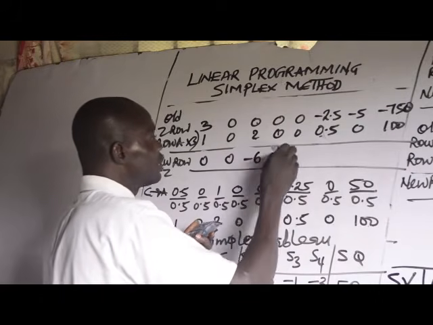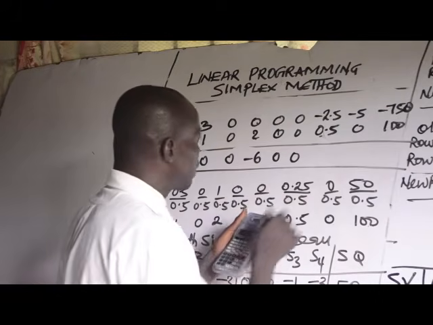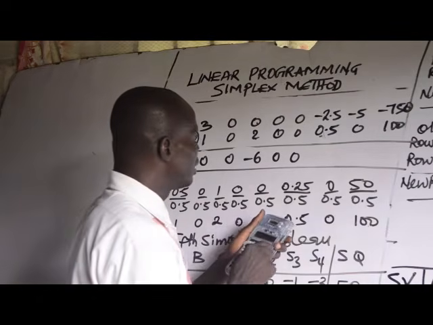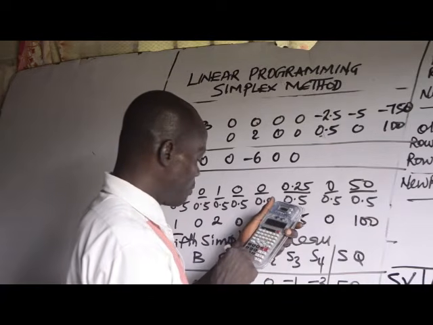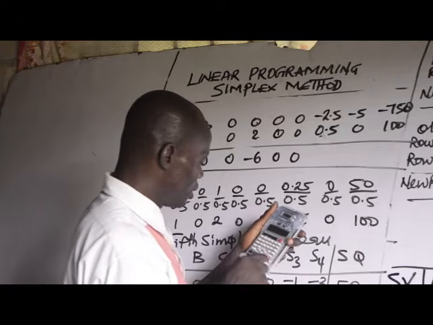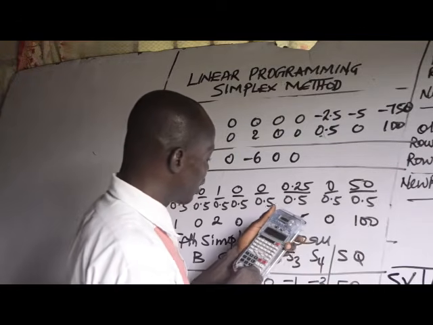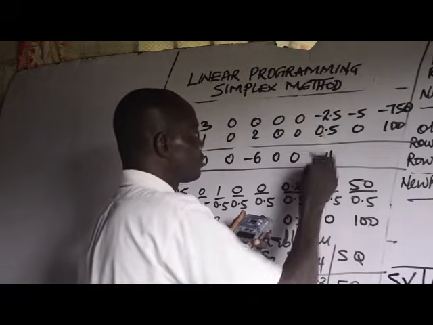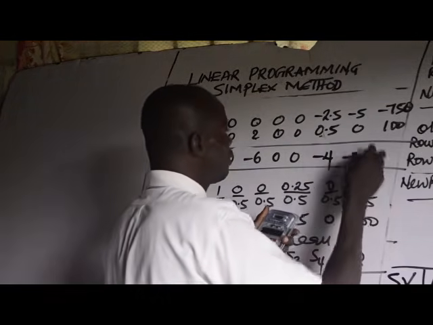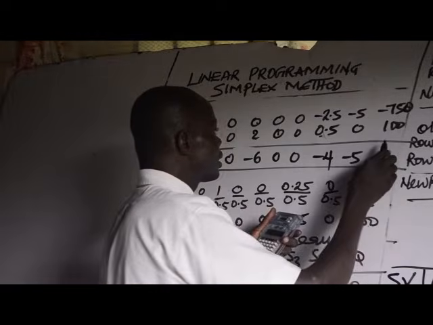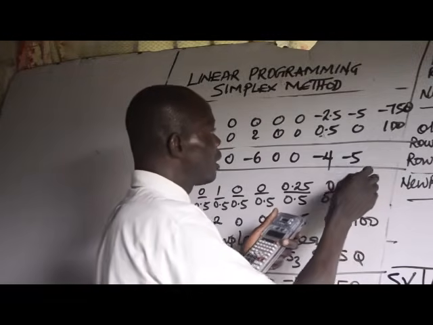This will be 0. This will be 0. 3 times 0.5, that will be 1.5. Minus 2.5 plus 1, minus 1.5, that gives us minus 4. This will be minus 5. Then 3 times 100, that will be 300.